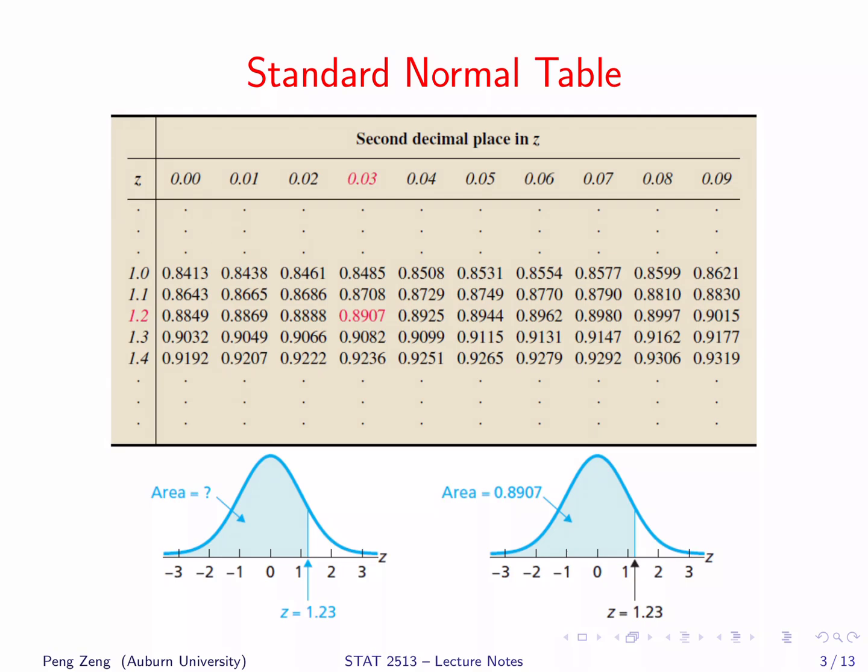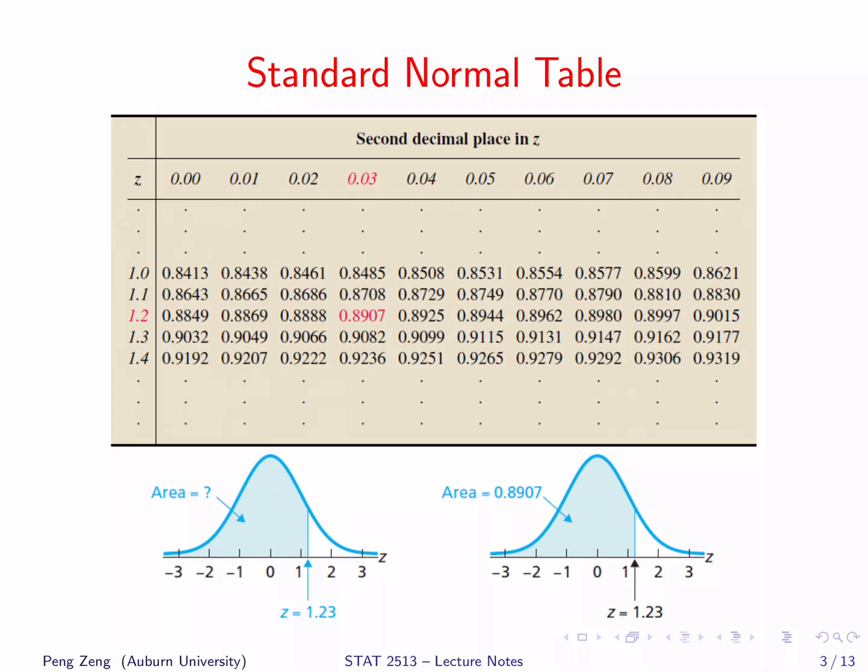A standard normal table is a table like this one. The values in the table are probabilities. The row and the column determine the value of z. For example, what is the probability less than 1.23? Equivalently, what is the area to the left of z under the density curve? Notice that 1.23 equals 1.2 plus 0.03.